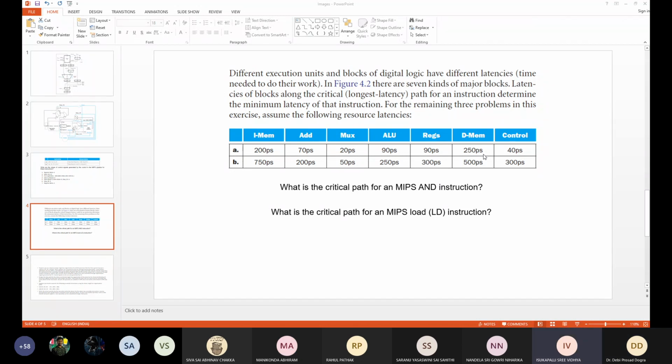Present, sir. 31 Ades. 32. Present, sir. 33. Present, sir. 34 Dheeraj. 35 Aviram.